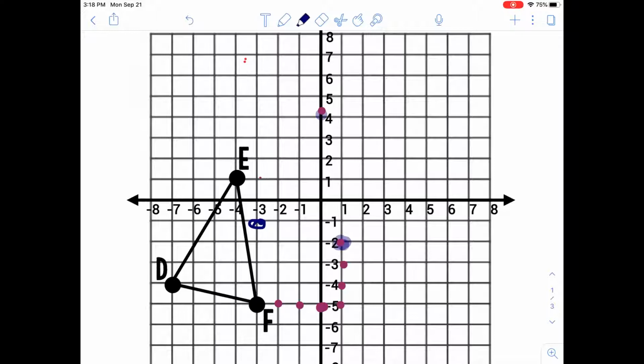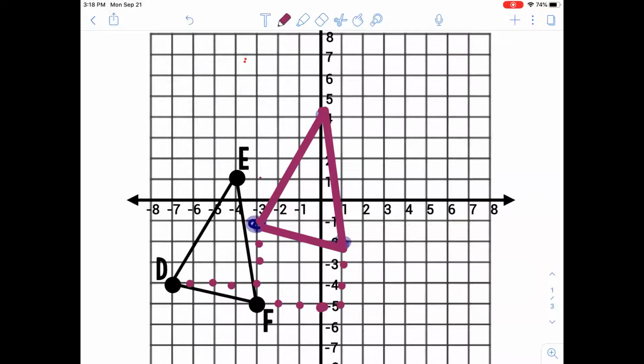And that's F prime, and then D prime. I go 1, 2, 3, 4, 1, 2, 3. So I guess that's the one we started with there. And then we can connect our dots to make our figure. And it should look exactly the same size and shape as the one we started with when we're done.